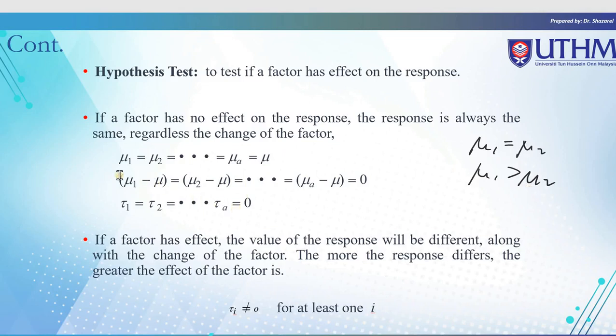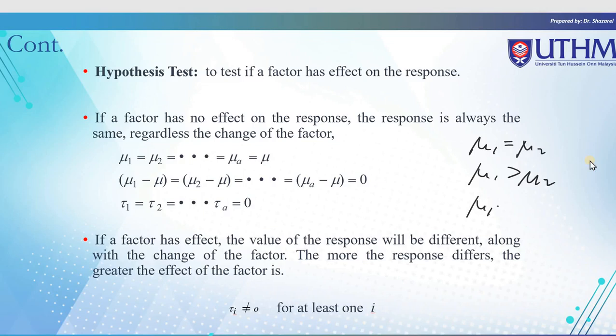So the first step, as usual, as we already learned in hypothesis testing, is to state the hypothesis. Okay, so the hypothesis is that all the means are equal and equal to the overall mean. This can also be represented by taking the difference. Okay, this one is from the previous chapter, so we can take the difference, right?